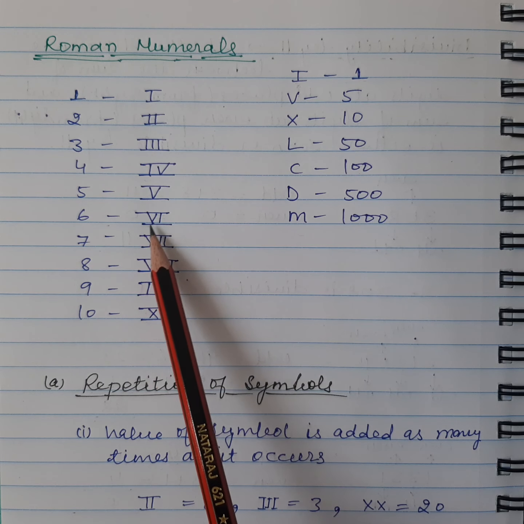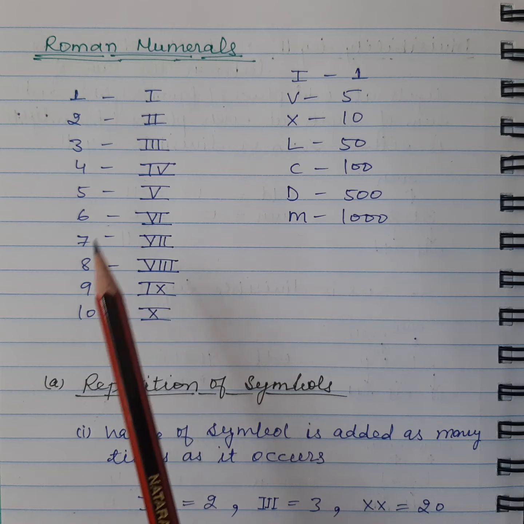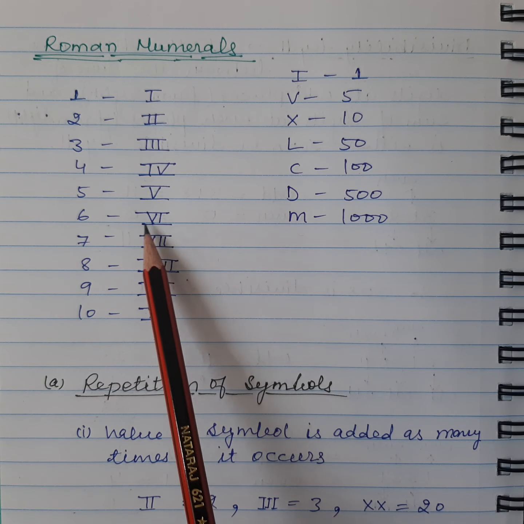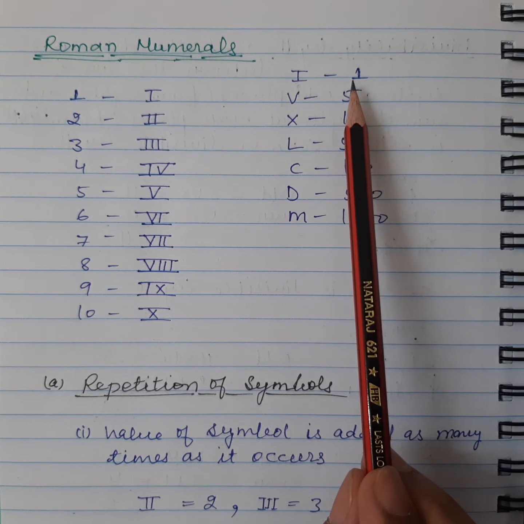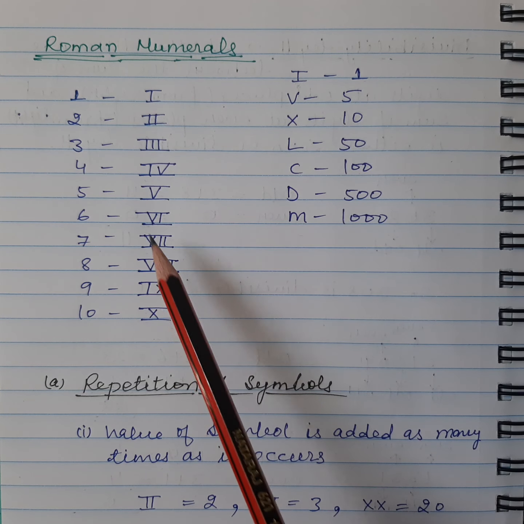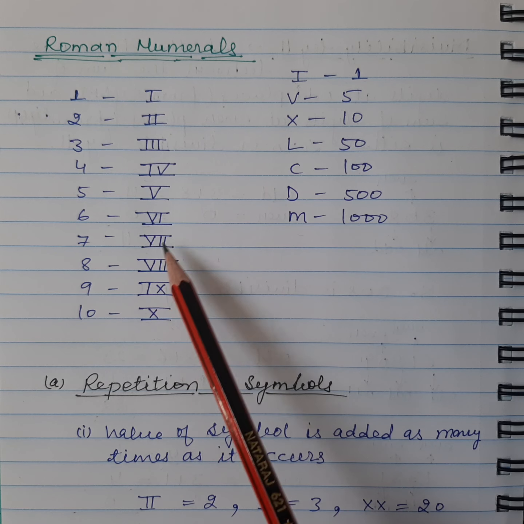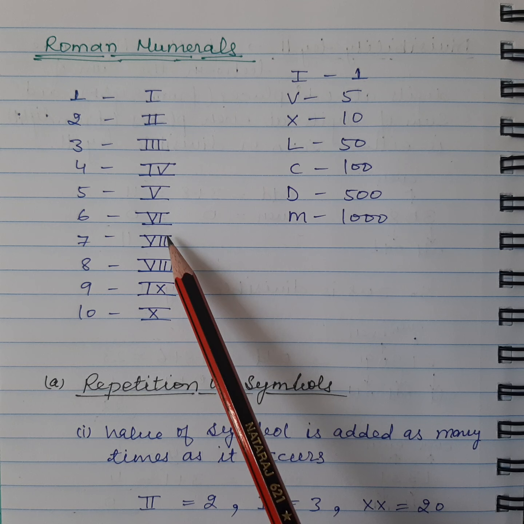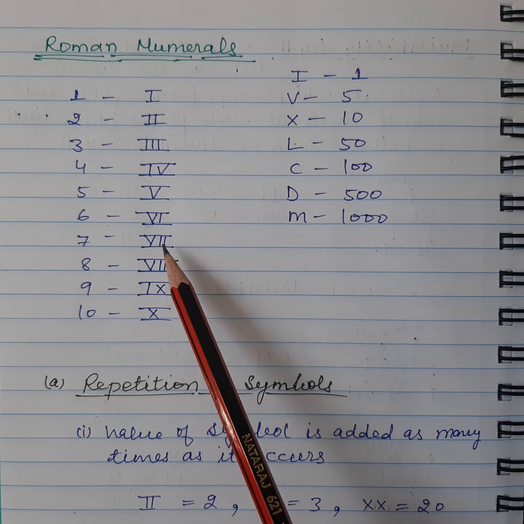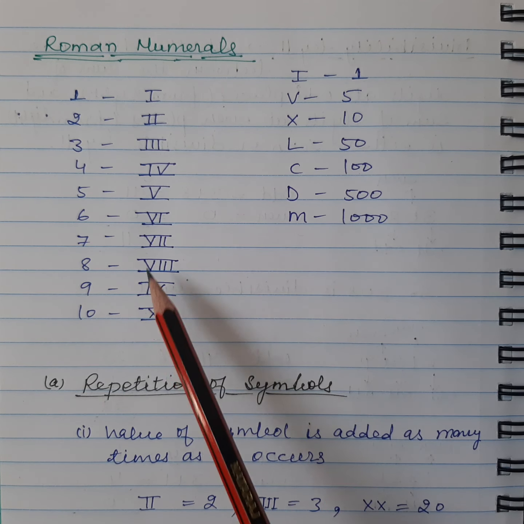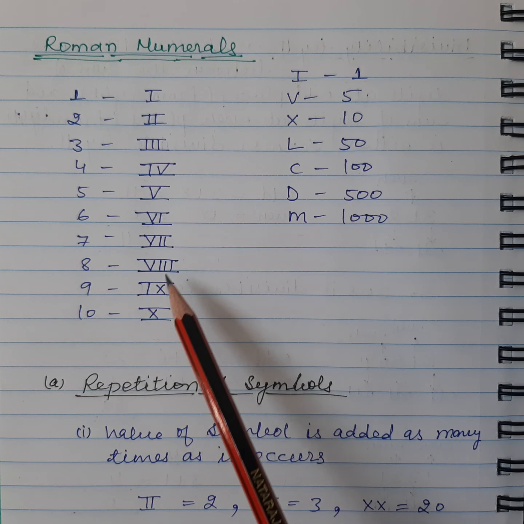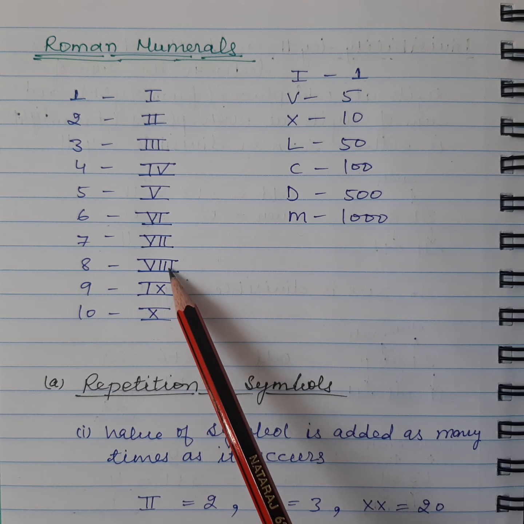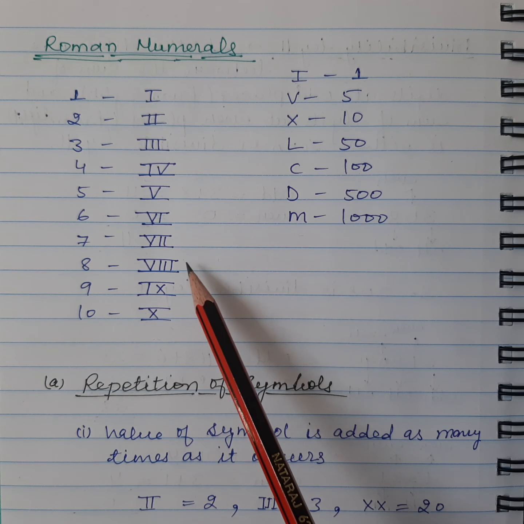Then for 6, we write V and I at the right of V, so its value will be added. 5 plus 1 will be 6. Similarly, VII, V is 5, I is 1, I is 1, so 5 plus 1 plus 1 will be 7. Then 8 will be VIII. V is 5, III is 3, so 5 plus 3 is equal to 8.